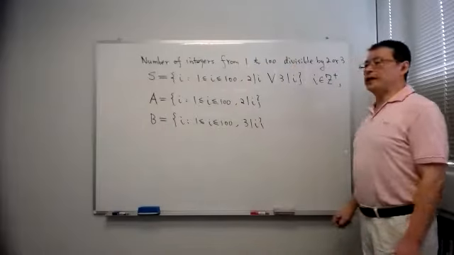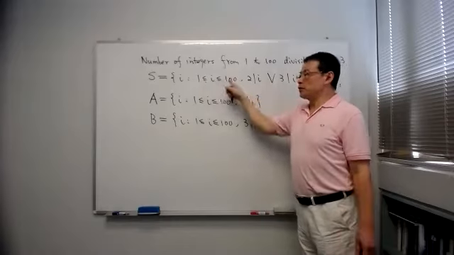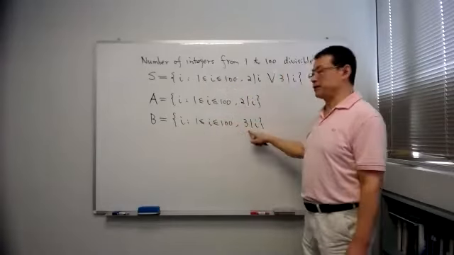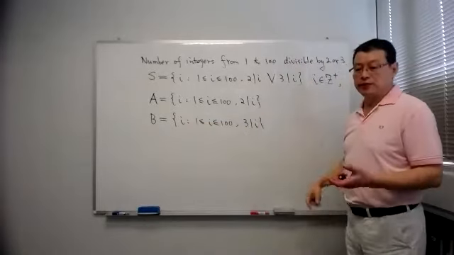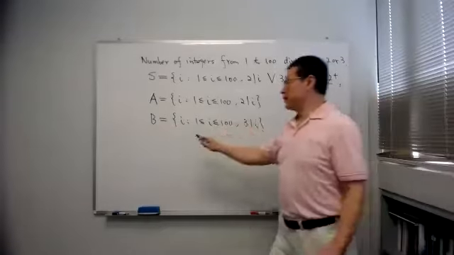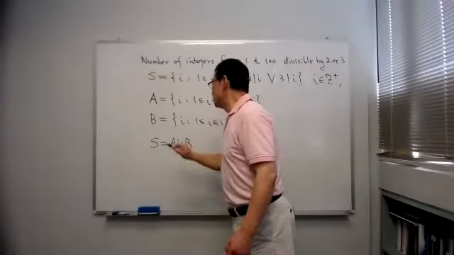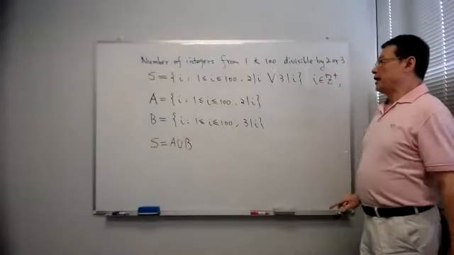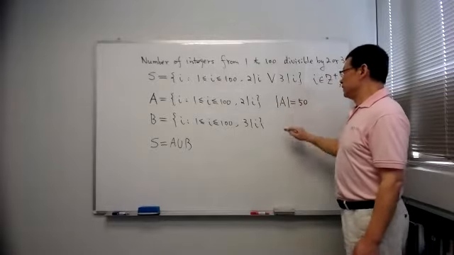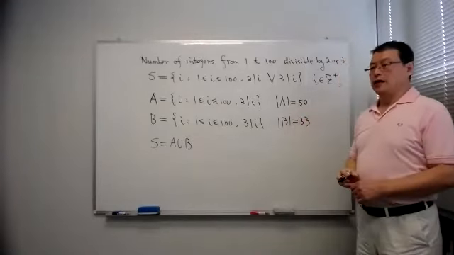A is the integers from 1 to 100 divisible by 2. B is the integers from 1 to 100 divisible by 3. Because it's easier to compute for such sets. Now, of course, S is the union of A and B. For A, it's quite easy to determine, it's 50. For B, 33.